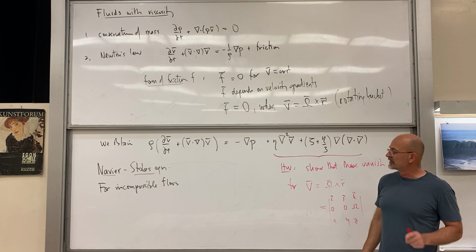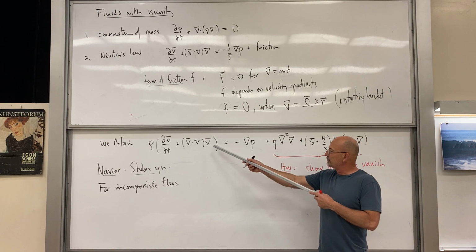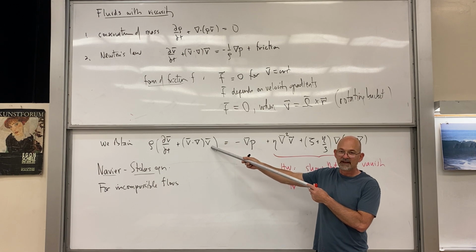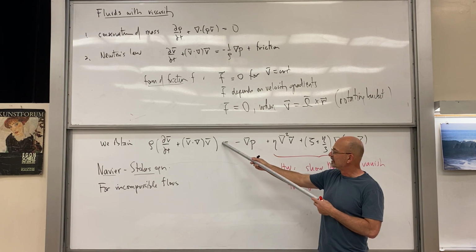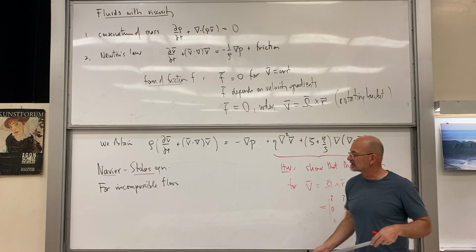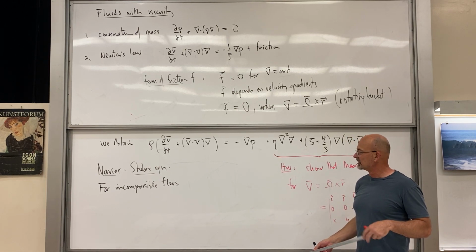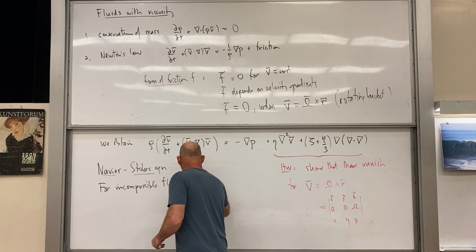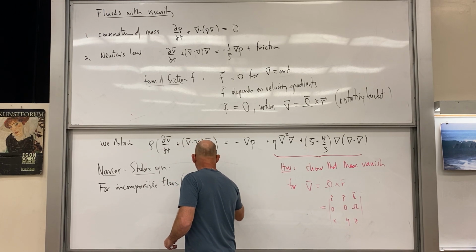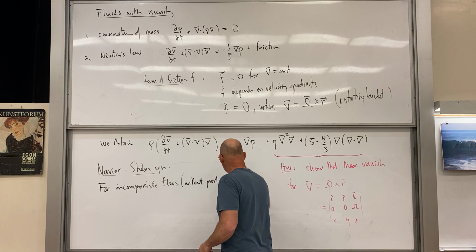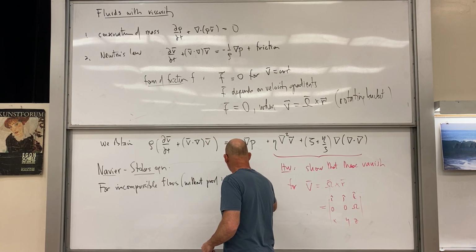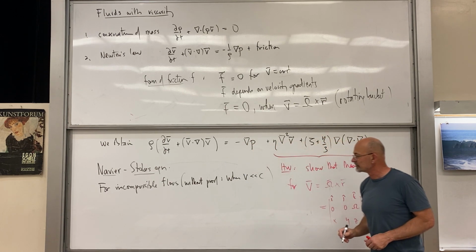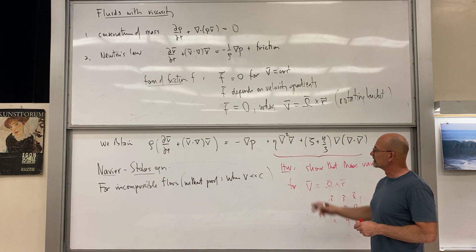The short answer is if the speed of your fluid flow is much less than the speed of sound in the fluid, and we've talked about sound now, then you can treat it as incompressible. Okay, so I'll write that here without proof, incompressible when V is much less than C.